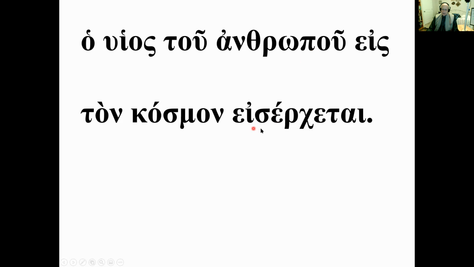Erchetai, to come into, comes. And notice we have the preposition eis to make it even more emphatic, comes into or is coming, eis ton kosmon, into the world. Notice this is the preposition eis, and we said eis takes the accusative case. So instead of ho kosmos, we must have ton kosmon, eis ton kosmon. Eis erchetai.